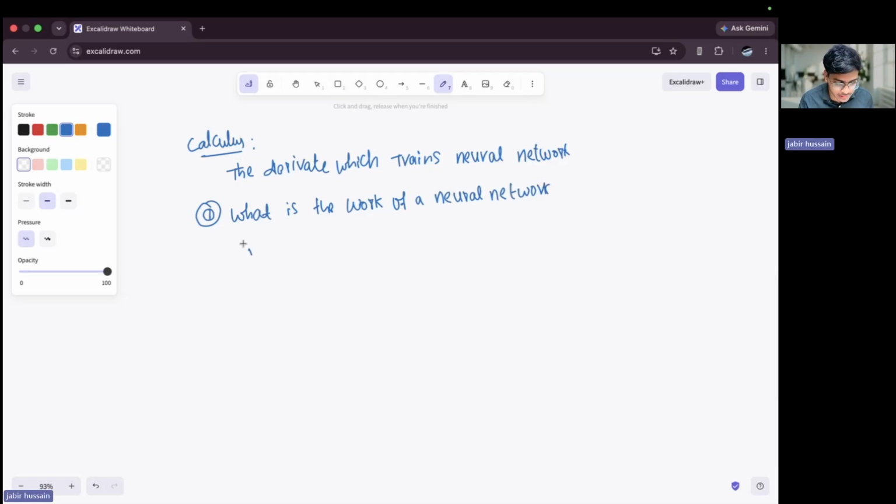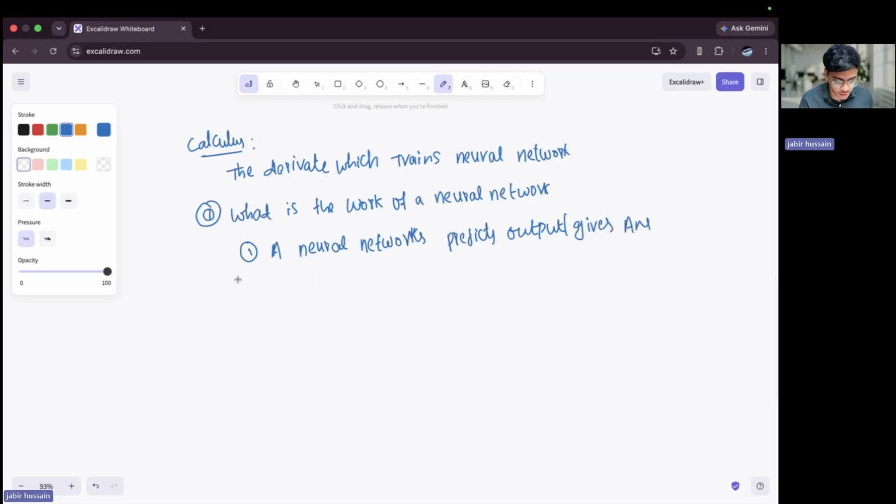The first work is, a neural network predicts output, or gives an answer. You can say predict output or give answer, it's the same thing.